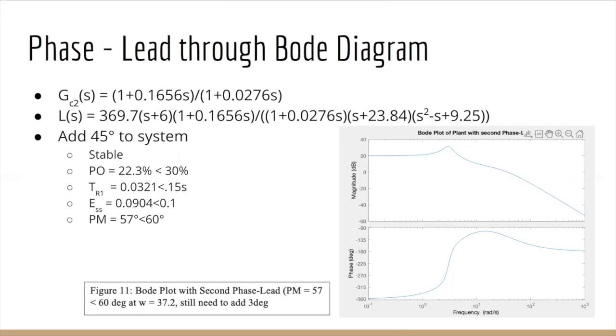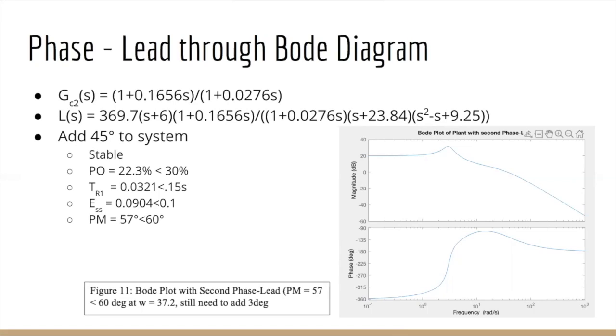Through this, I knew that I needed to add 45 degrees to the phase, and was able to find a Gc2(s) equal to (1 plus 0.1656 s) over (1 plus 0.0276 s).